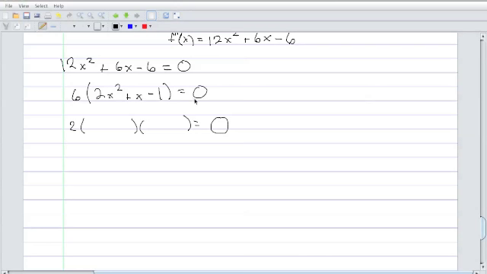The only change is you got to find two numbers that when you multiply, instead of giving you -1, you need -1 times 2, which is -2. So if we list out the product of -2, that's going to be 1 times -2, or -1 times 2, and that's it. So now we're looking for the line that adds, when the two numbers when added together give us a +1. So that means we're going to choose this line here.